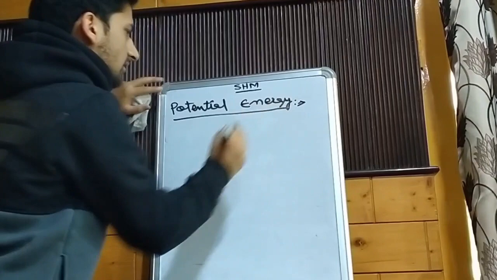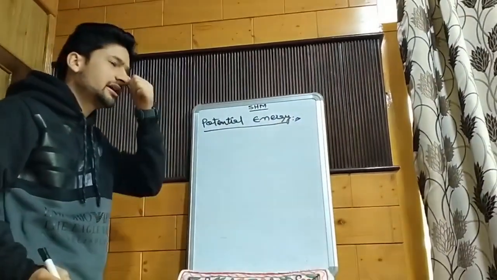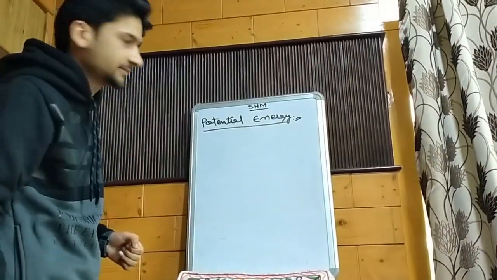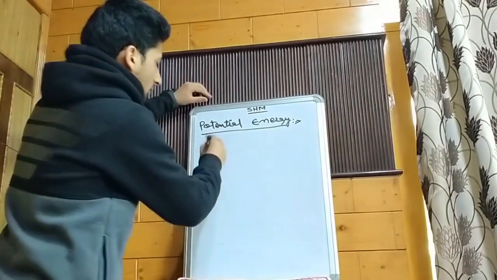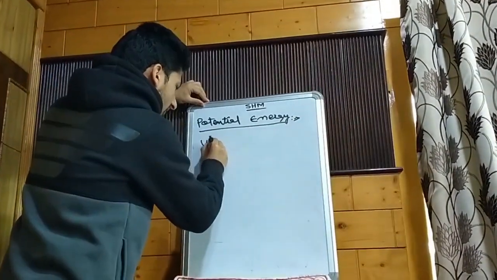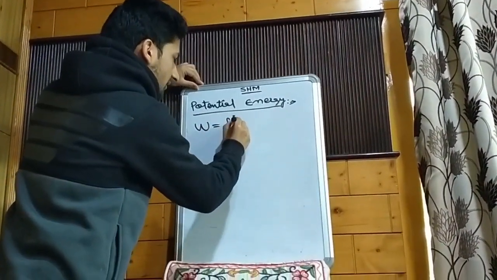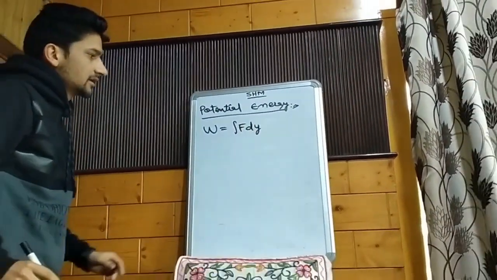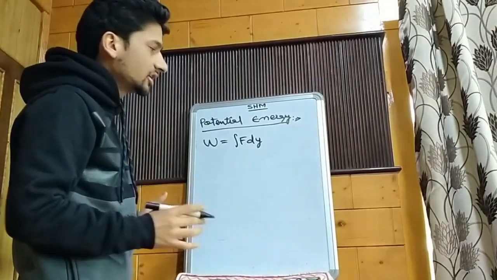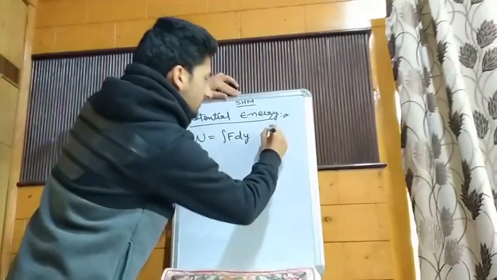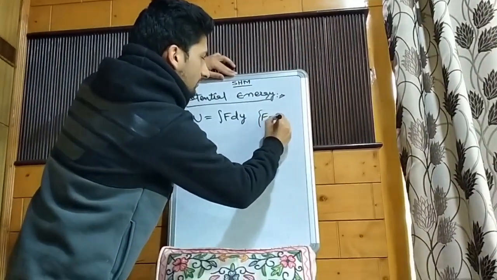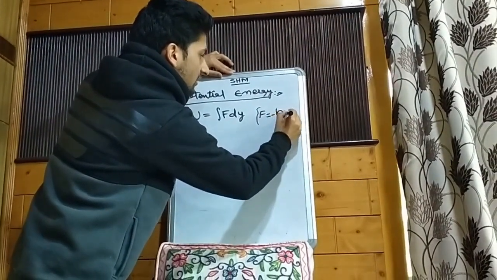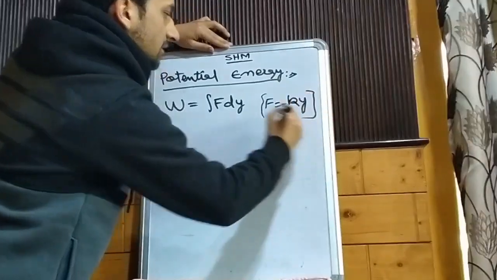What's the value of potential energy of a particle executing simple harmonic motion? As we know, work done is equal to the integral of F dy. In simple harmonic motion, force is given by F equal to minus ky.